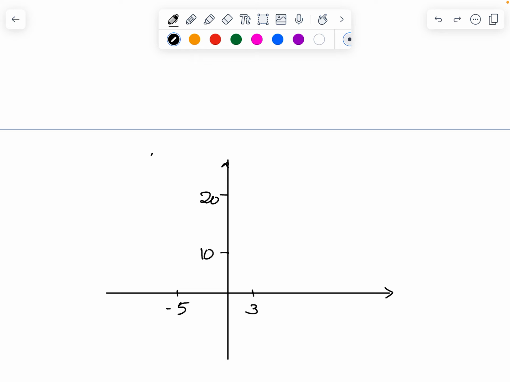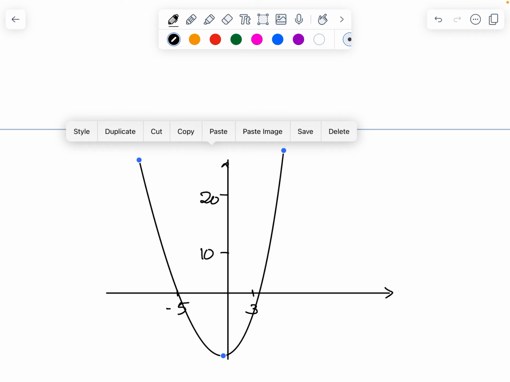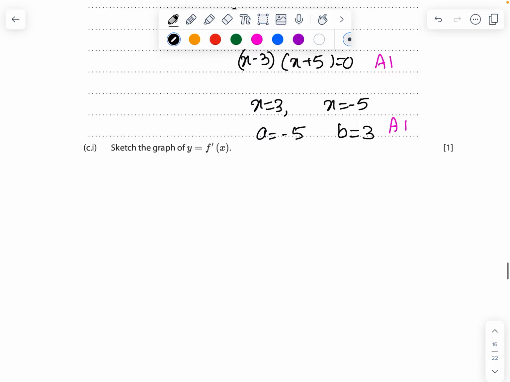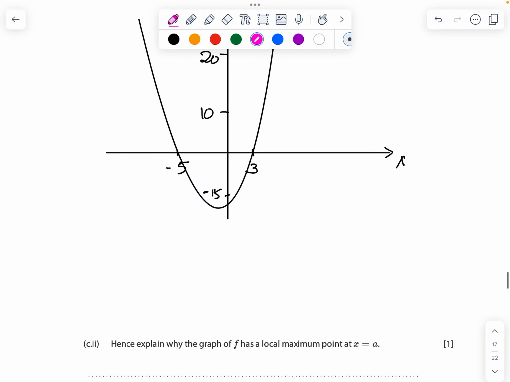It passes through negative 5 and 3, and this value is negative 15. So x-axis, y-axis. So that's all, just 1 mark question, an accuracy mark, 1 mark.